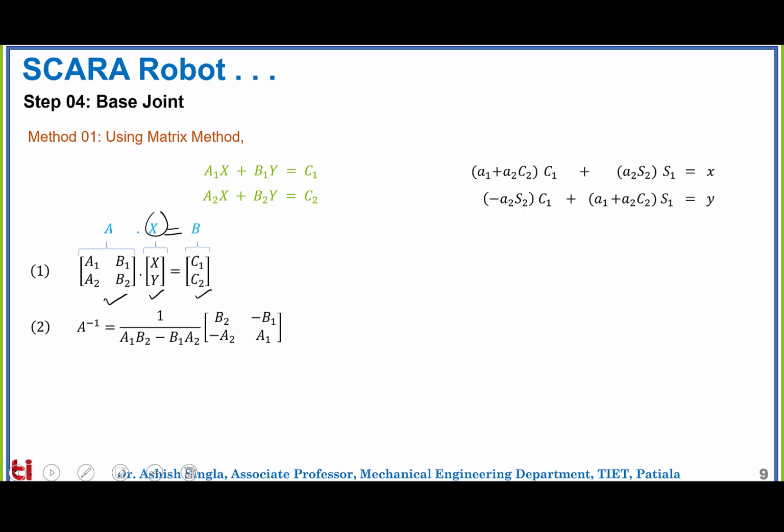A inverse is written like this way, and after calculating A inverse, we pre-multiply both sides by A inverse. A inverse into A is the identity matrix, so then we can find the final solution.